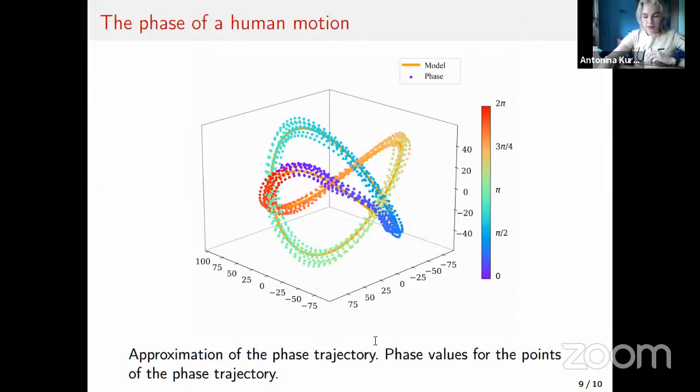On the picture, you can see the trajectory space, and points are colored according to the value of phase obtained. Inside the points, you can see the yellow line. It is a model approximation for our phase trajectory.